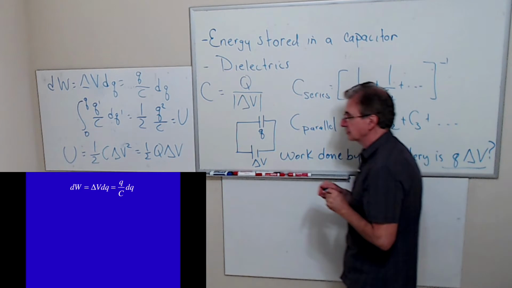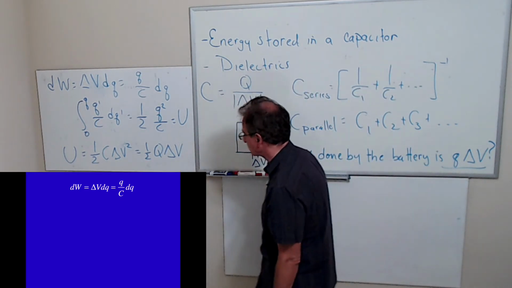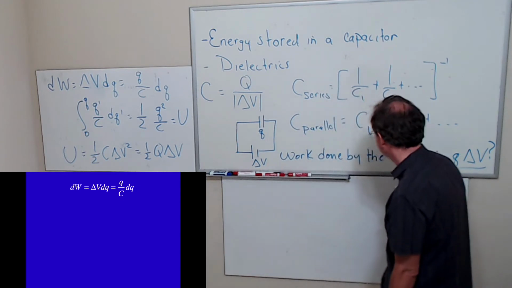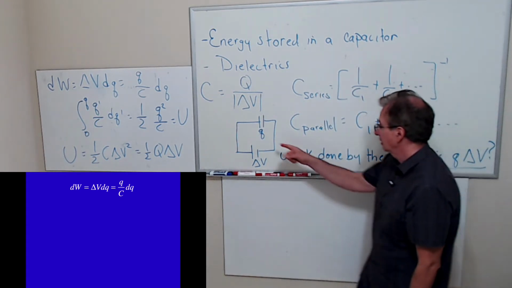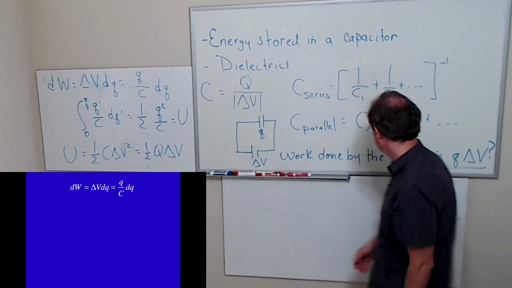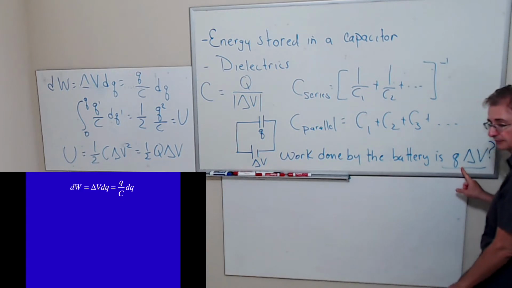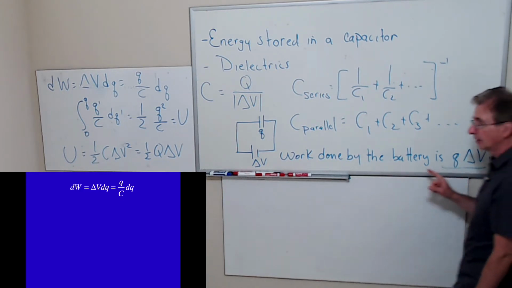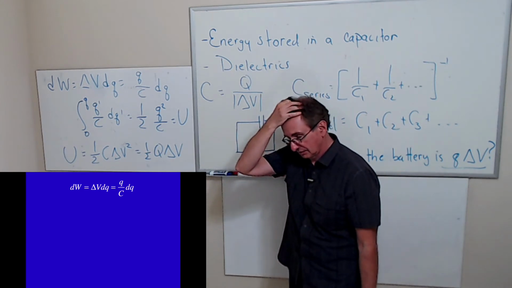But the amount of energy stored in the capacitor is half of that. Why does only half the energy go to the capacitor? The battery does this much work, Q delta V, but the capacitor only stores half of that. Why is that?